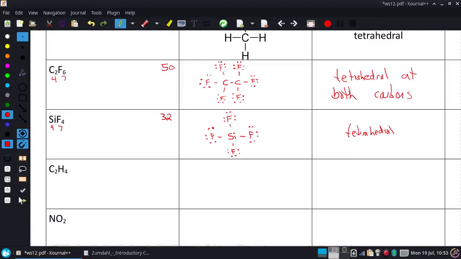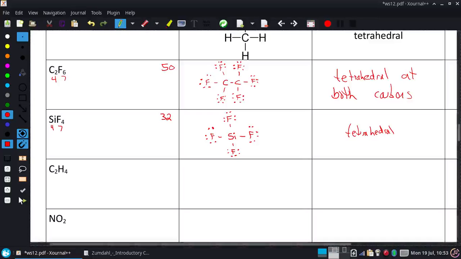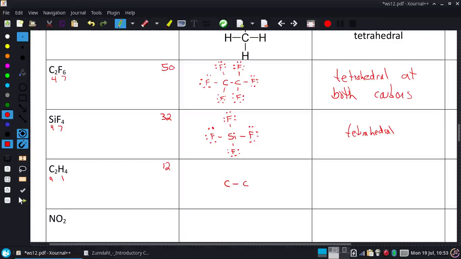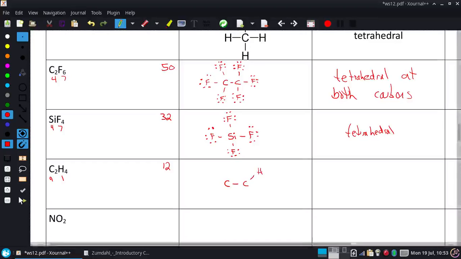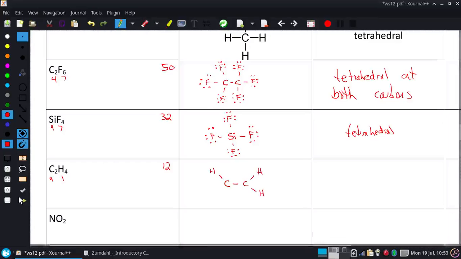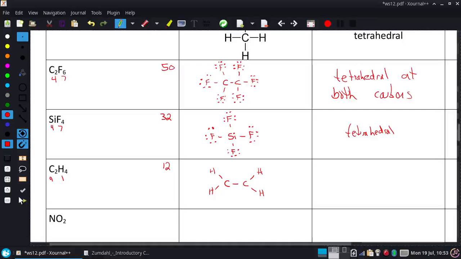Okay, C2H4: 4 valence electrons, 1 valence electron, 12. Yep. All right. I'm going to bond the 2 carbons to each other and put 2 hydrogens on each one of those carbons. Get everything evenly distributed. All right, that's 2, 4, 6, 8, 10.